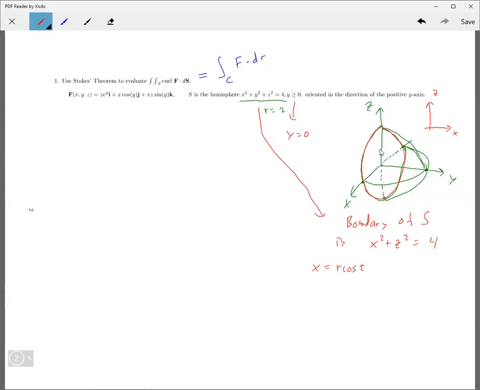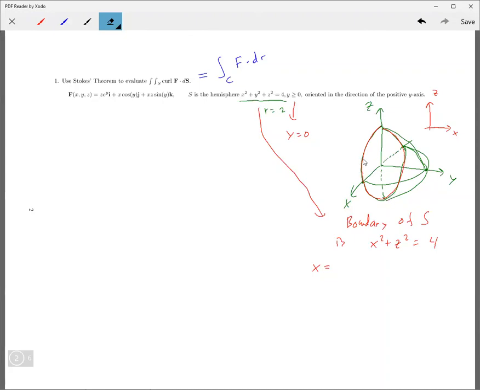Hold on a second. Okay, so first of all, we need to get the orientation correct. So should we be going this way around the circle, or should we be going that way around the circle? Let's get that correct first, and then we'll proceed with how to do the next part. Coming out this way, going towards the y-axis, that's the positive direction, right?